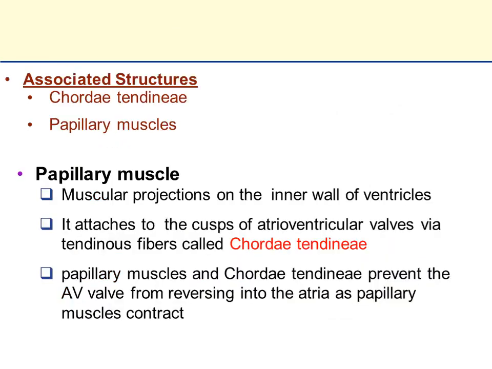Associated structures. عندنا الكوردا تنديني and papillary muscles. Papillary muscle consists of muscular projections on the inner wall of the ventricles. بروزات عضلية على الحائط الداخلي للبطين.